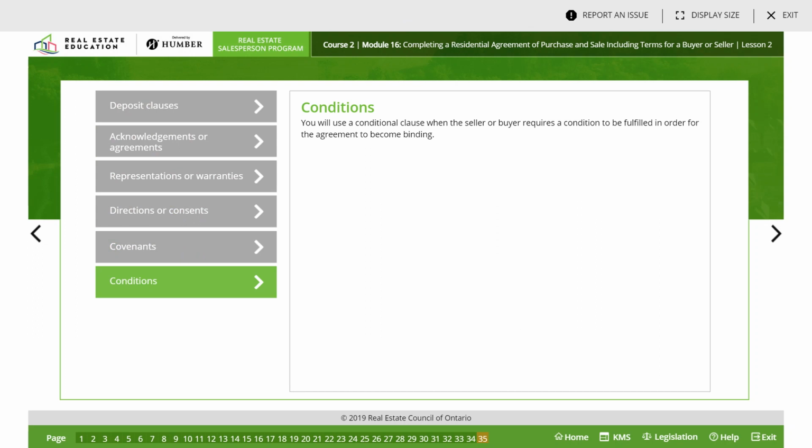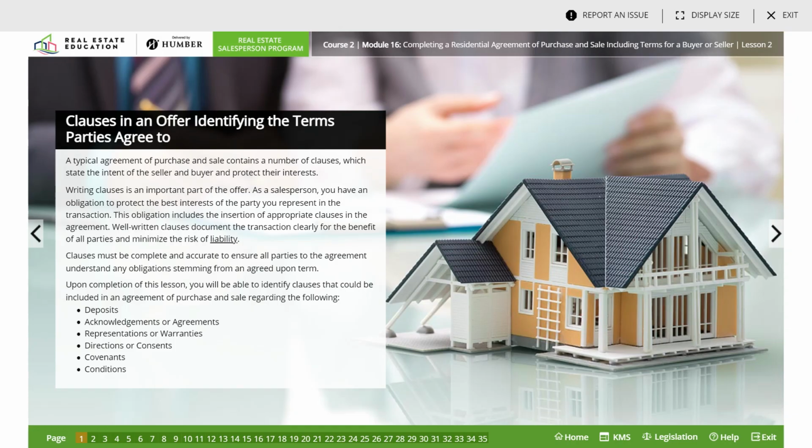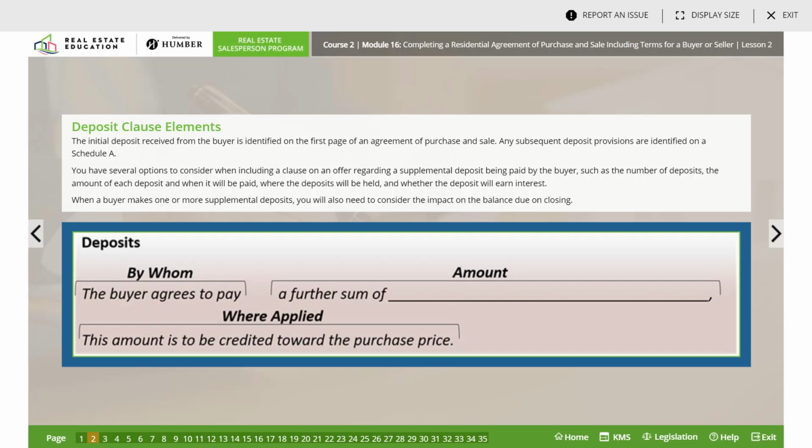So this was basically the summary of lesson 2. Let's see if we can find more information here.